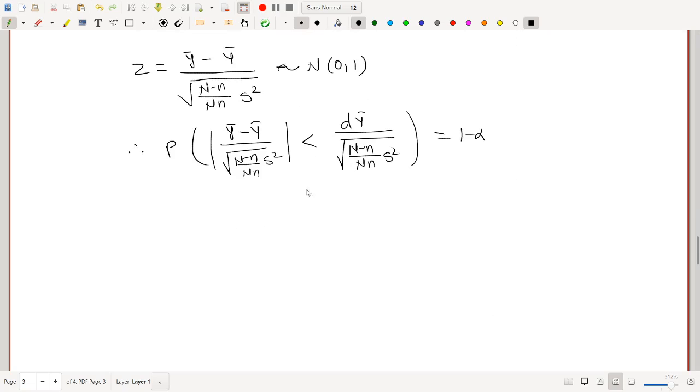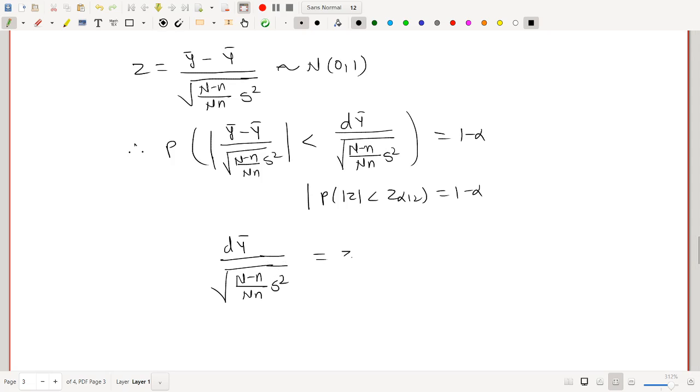We know if z is a standard normal variable, then the probability of mod z less than z alpha by 2 is equal to 1 minus alpha. After comparing these two equations, we get d Y bar upon root of N minus n upon N n S square is equal to z alpha by 2.